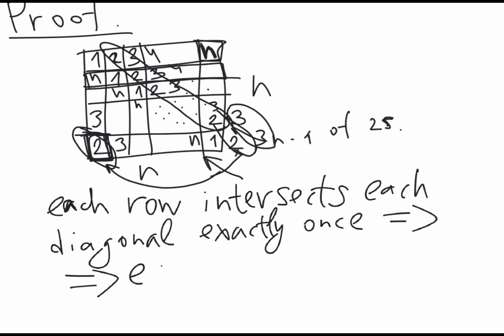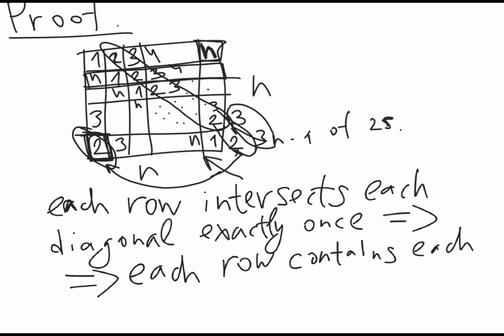Therefore, each row contains each number exactly once, because the numbers are filled by diagonals.